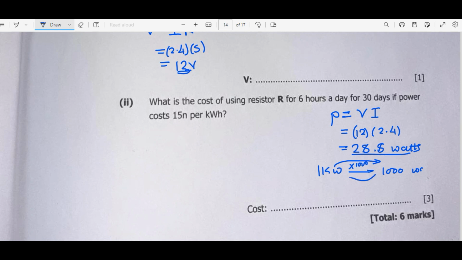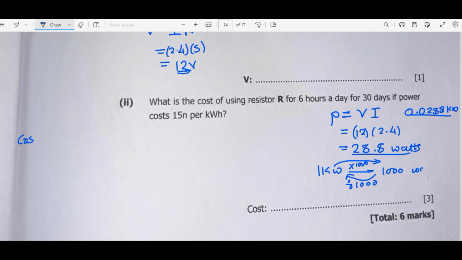Then the reverse, you divide by 1000. So remember, we are converting from watts into kilowatts, so we divide by 1000. So my calculator is giving me 0.0288 kilowatts.